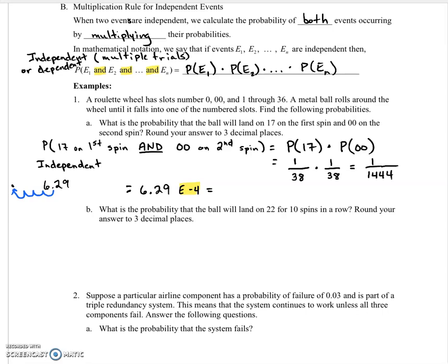And for each one of these little spaces I made, if there's nothing in them, we have to fill them in with zeros. So our answer is approximately 0.000629. And if we round that to 3 decimal places, we look at the 6, which makes the 0 round up. So we get 0.001 for our answer.